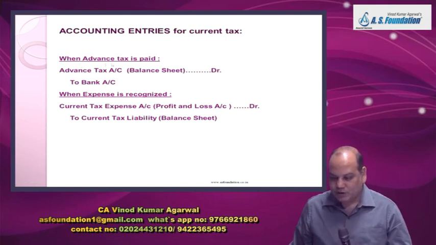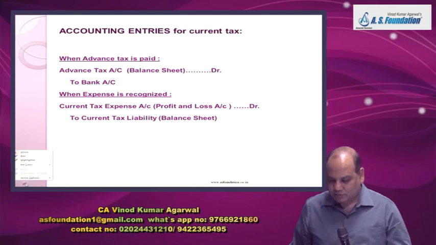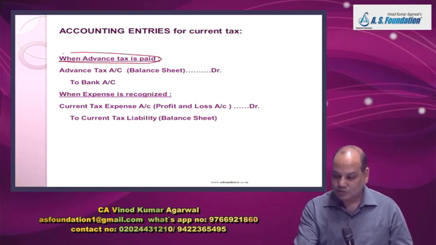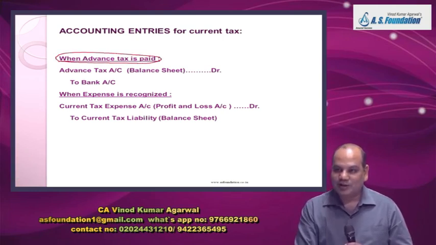When you pay advance tax, in some countries the government is very smart. They say that before you earn, you start paying the advance tax. The governments probably do not trust you.